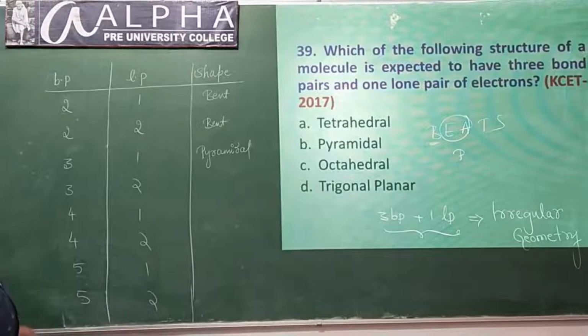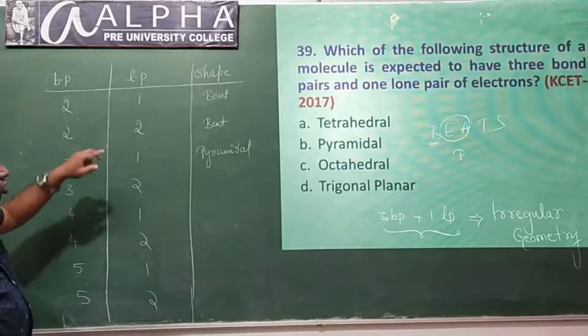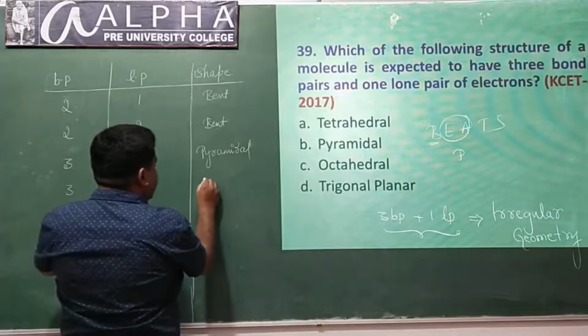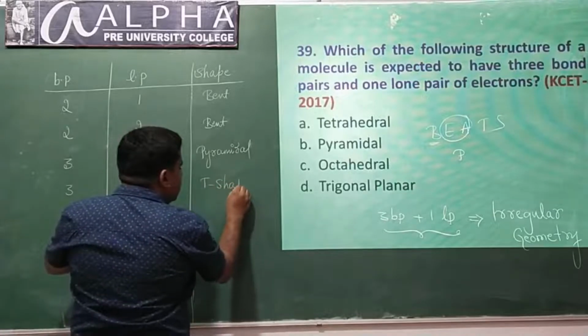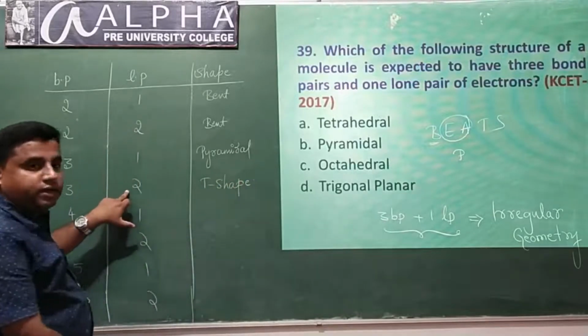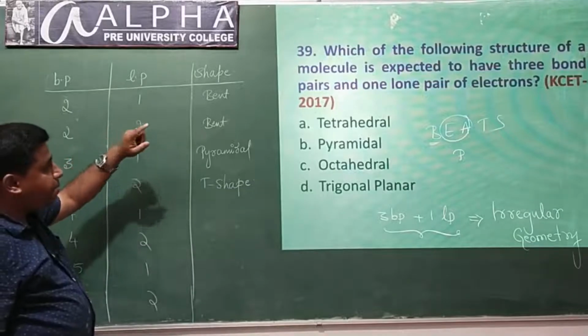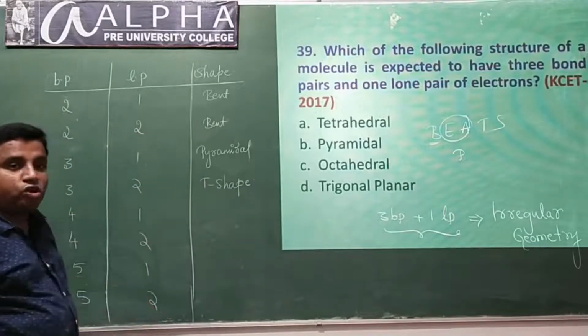Are you getting it? Next, 3 bond pair, 2 lone pair: T means T shape. So B for bent, P for pyramidal and T for T shape.